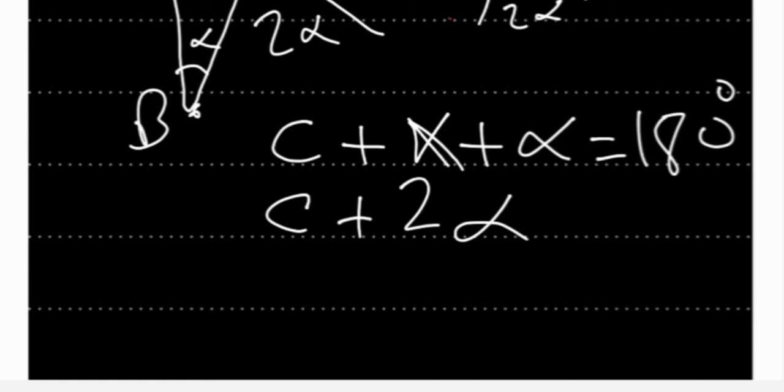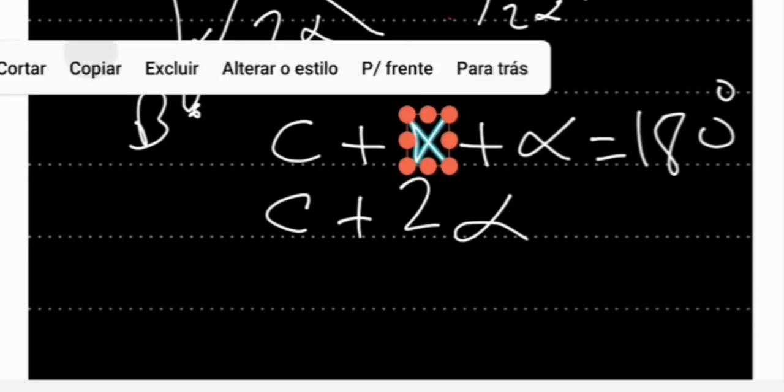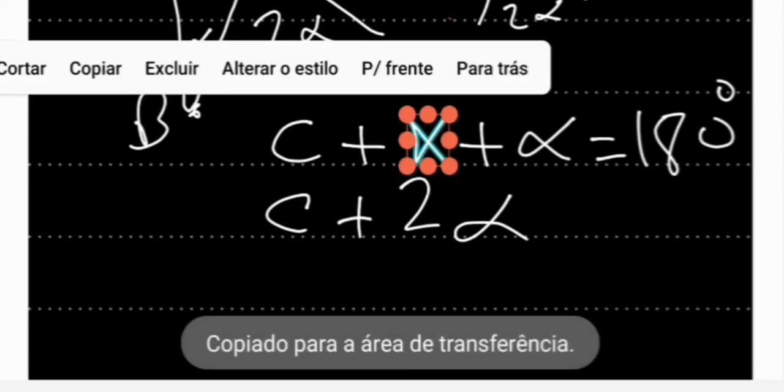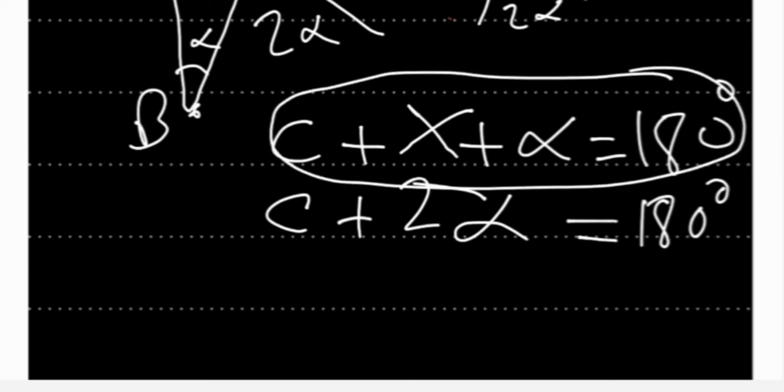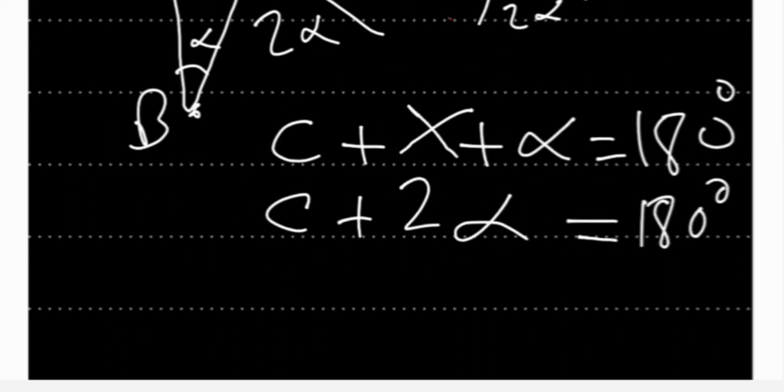Let me do it better, just so that I don't confuse anyone. Okay, so this is X. So C plus 2 alpha is equal to 180 degrees, okay? So this is equal to 180 degrees and this is equal to 180 degrees, so they are equal, right?